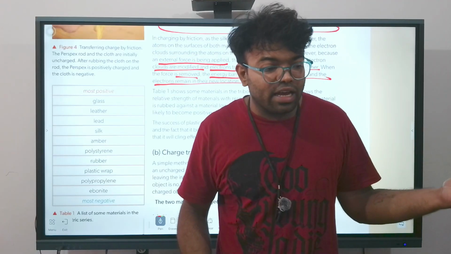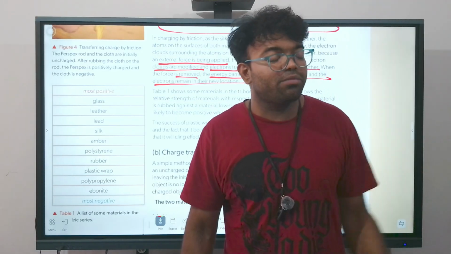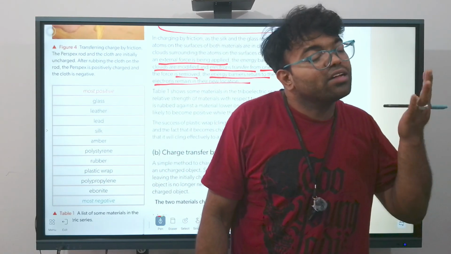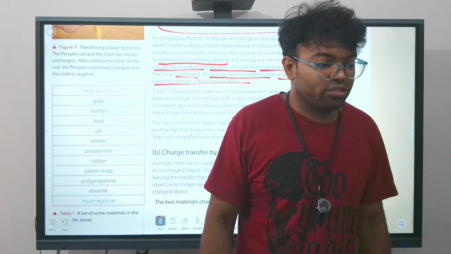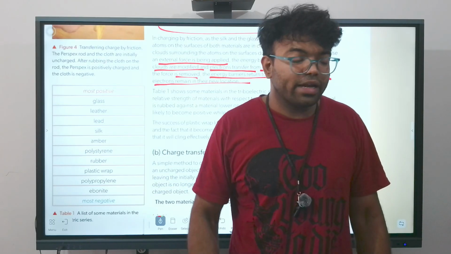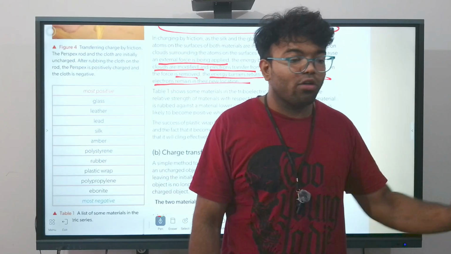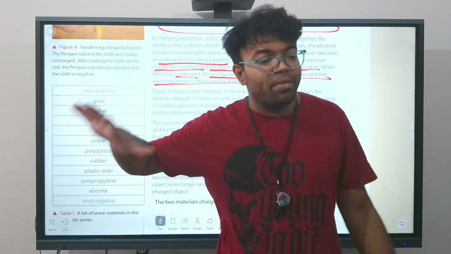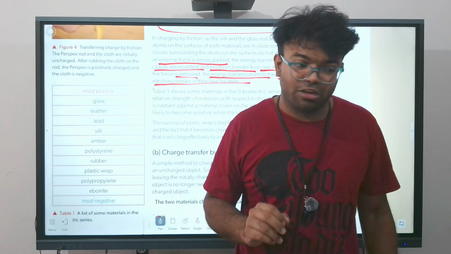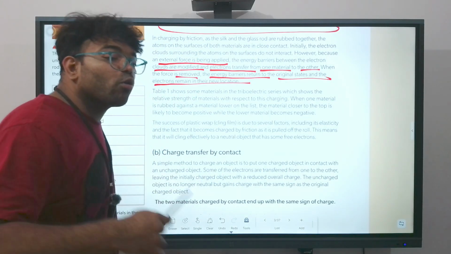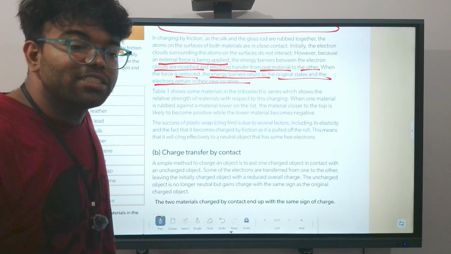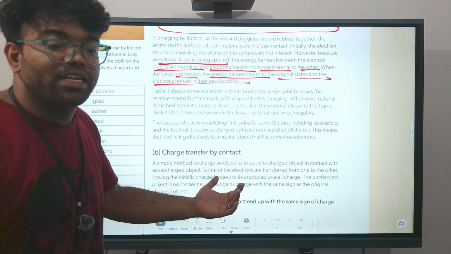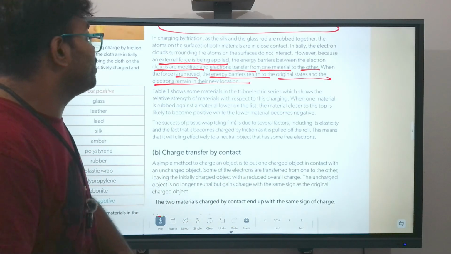So the electrons that got transferred from the glass rod to the silk cloth will remain in the silk cloth, and the glass rod will have lost electrons, thus making it a positive charge and making the silk cloth a negative charge. So who was providing the electrons energy for this passage? We were providing it energy by using the friction.